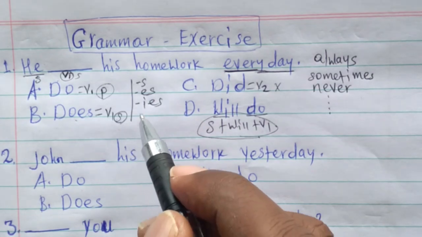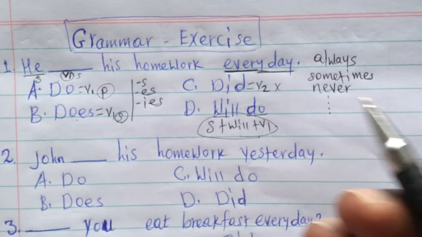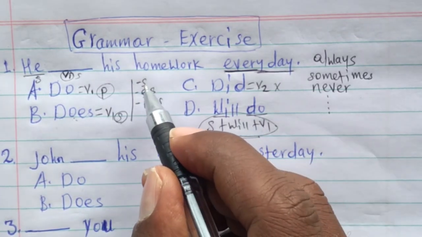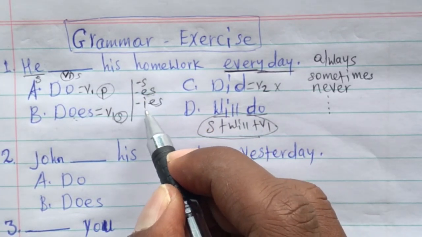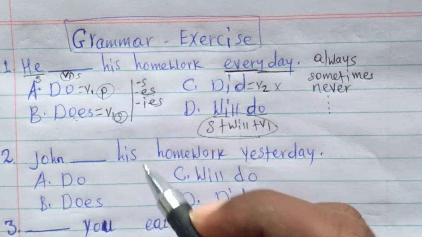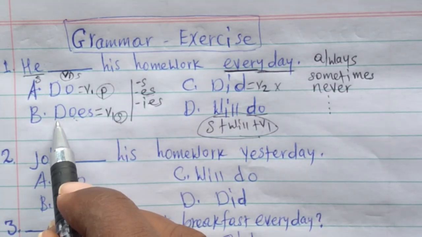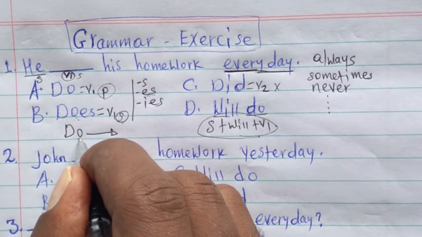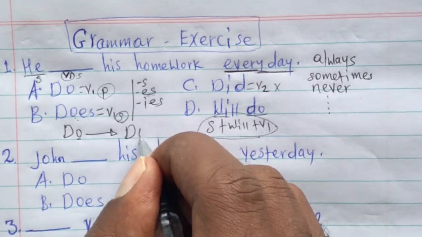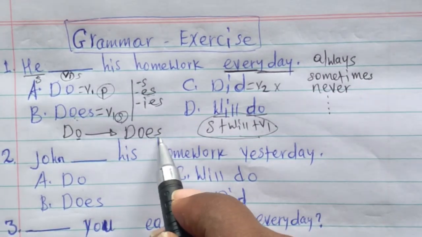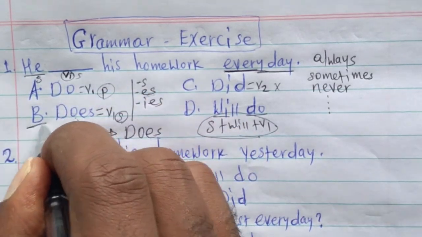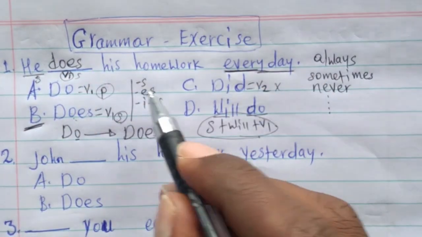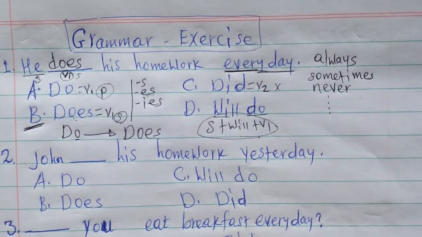When the verbs are ending with o, we just add es, and when they are ending with y, we change y into i and then add es. So this is the way. Here the singular form for do, since it is ending with o, will be does. So add es. The answer will be does. He does his homework every day.